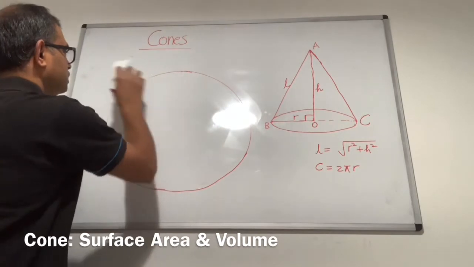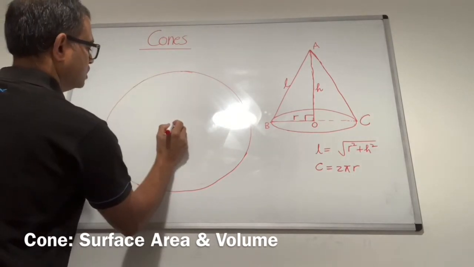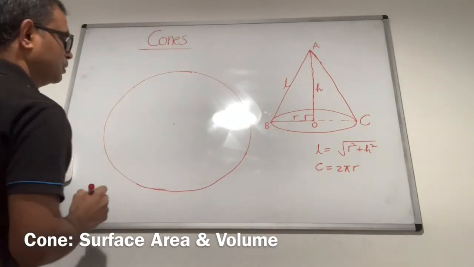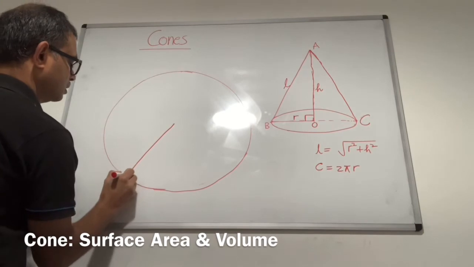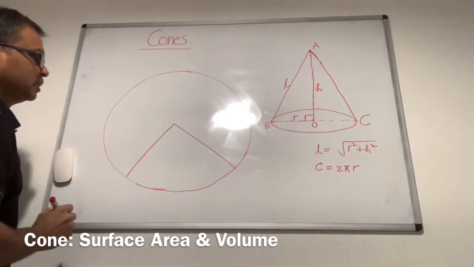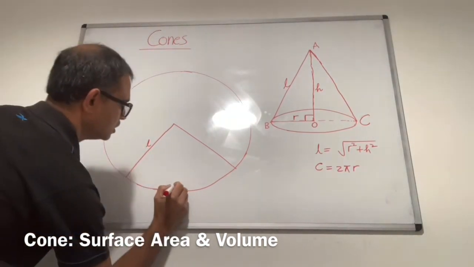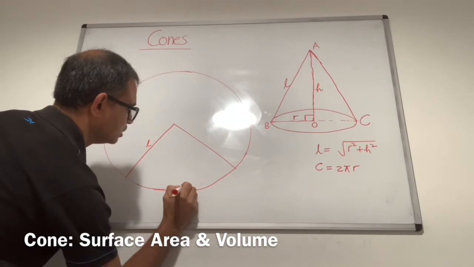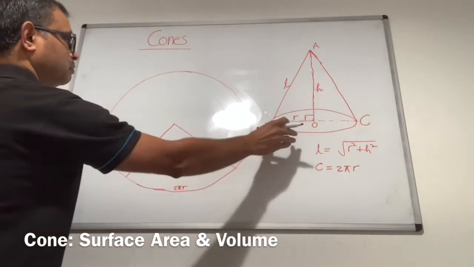Okay, this is the circle, and this is the center. And from here to here is that sector I cut, and I said this is my L, this is my 2 pi r, which is coming from this cone.